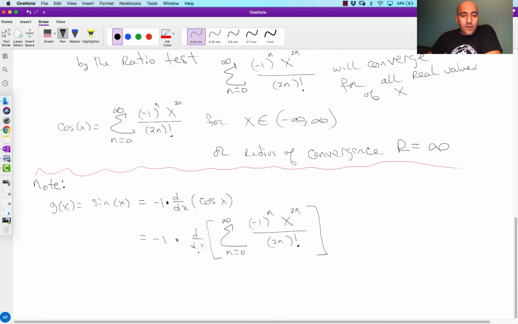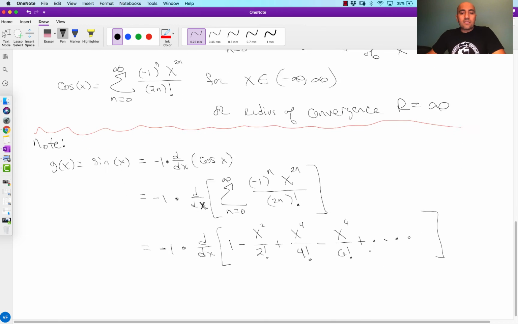Now remember, we're able to take the derivatives term by term. If this confuses you, we could expand it out. We already had this expansion: it was equal to 1 minus x squared over 2 factorial plus x to the 4th over 4 factorial minus x to the 6th over 6 factorial plus dot, dot, dot. That was this expansion.